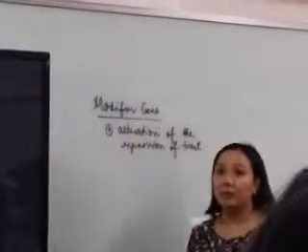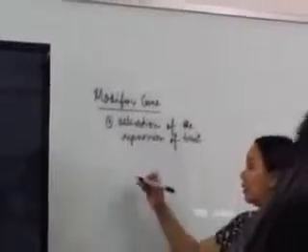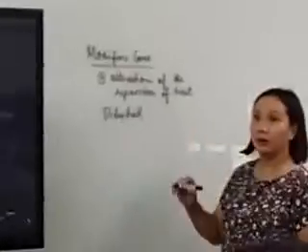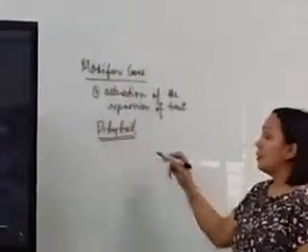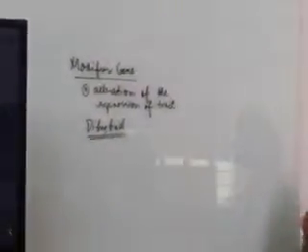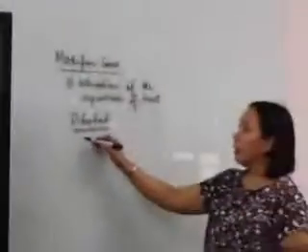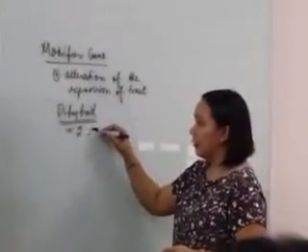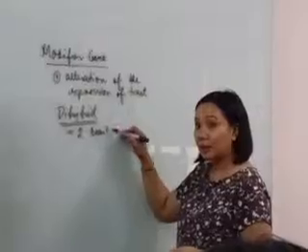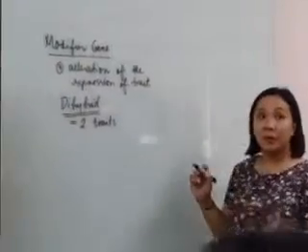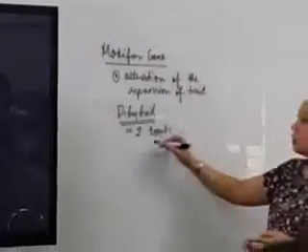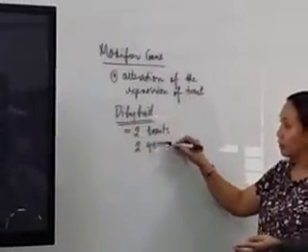Okay. So in order to analyze a modifier gene, or the presence of a modifier gene, we usually consider a dihybrid cross. Okay? So in the dihybrid cross, it is called dihybrid because we are actually pertaining to two different traits. And this is usually composed of two gene pairs.